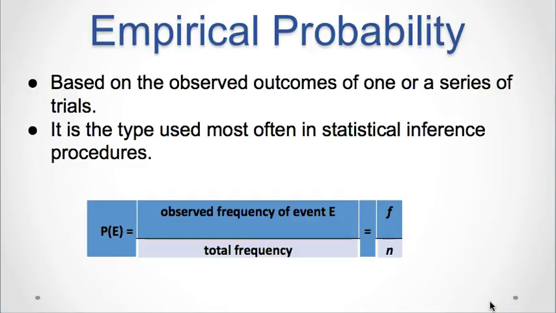So how do we calculate probabilities using the empirical method, aka relative frequency method? The probability of an event E is the number of times event E is observed divided by the total number of trials or observations.